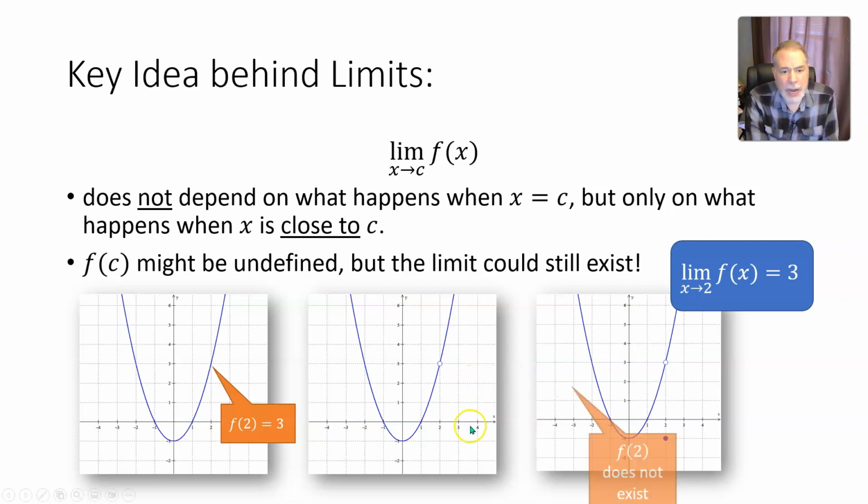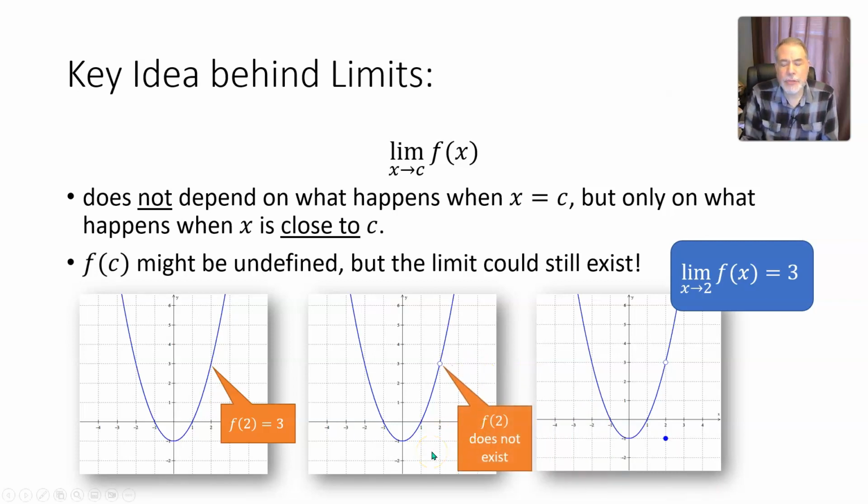In the second graph, there's a missing point there, showing that f of 2 does not exist. So right when x equals 2, the function's undefined, but the limit still exists. And in the third graph, f of 2 is -1. There's a point sort of completely out of place that doesn't match what's happening when x is close to 2.